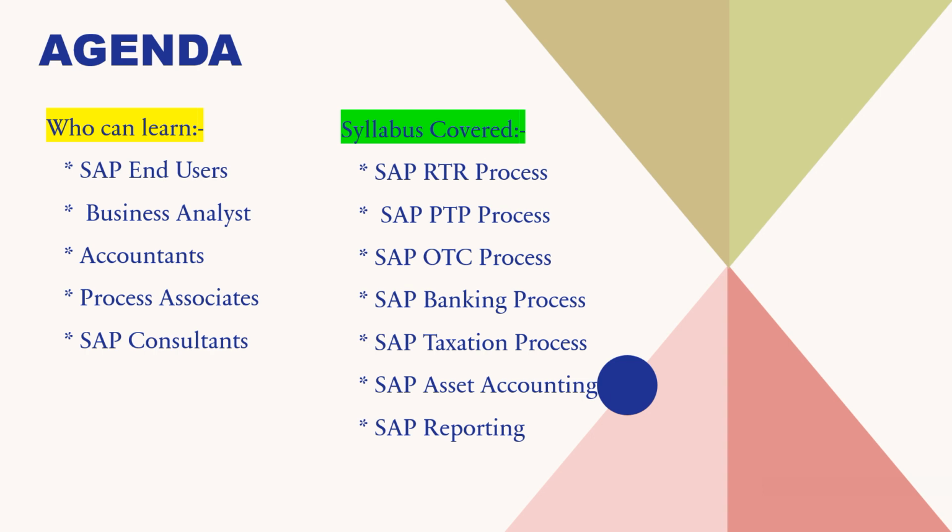Then we have SAP reporting. We'll also explore a few more areas of SAP reporting given by SAP. We'll cover what reports may be required from the legal point of view, from the management point of view, or from other stakeholders' point of view. We will try to explore all those reports too.